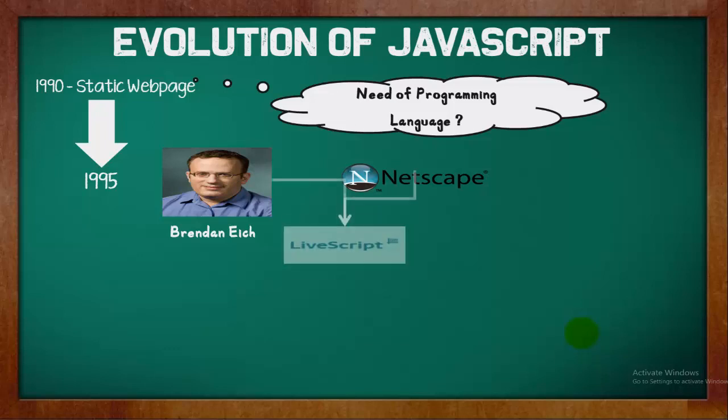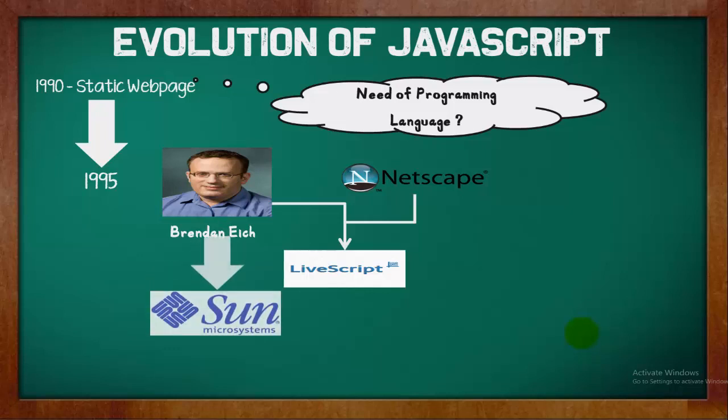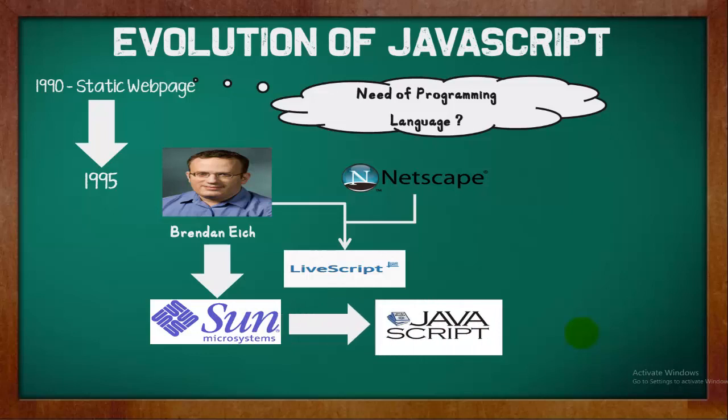So we'll create a new concept known as LiveScript, a scripting language which can be embedded inside the web page, and people start using programming methodologies in websites. So he was the forefather of JavaScript, we can even say that. Later, Sun Microsystems acquired the LiveScript concept, and they changed the name LiveScript into JavaScript. So this is how JavaScript has arisen.